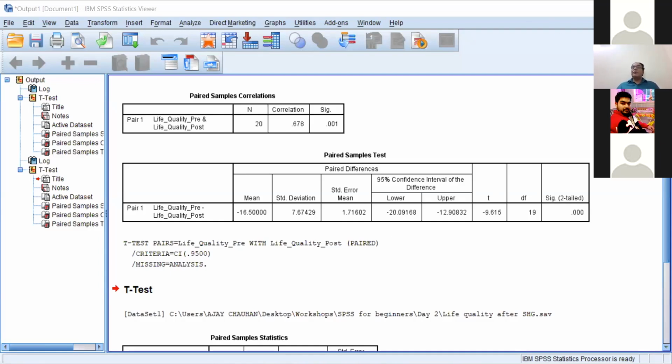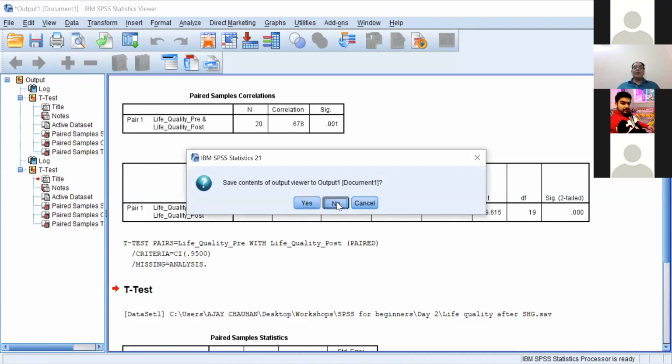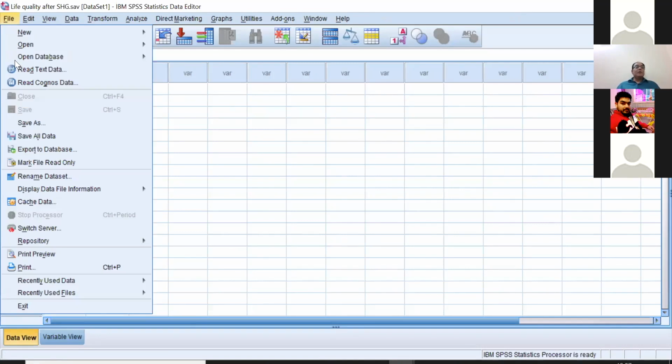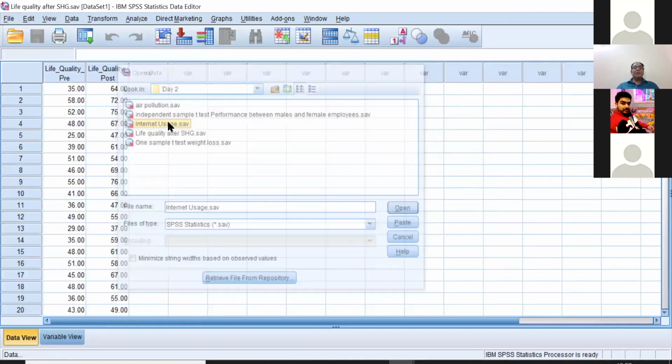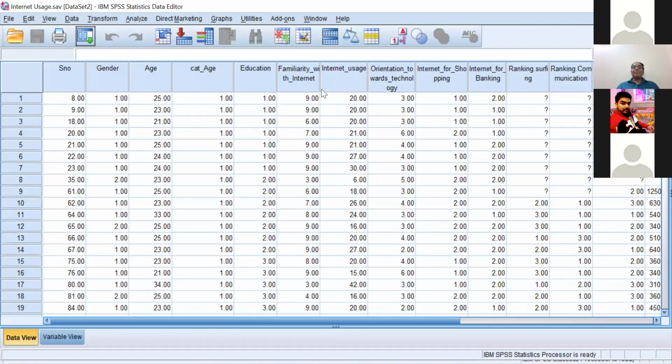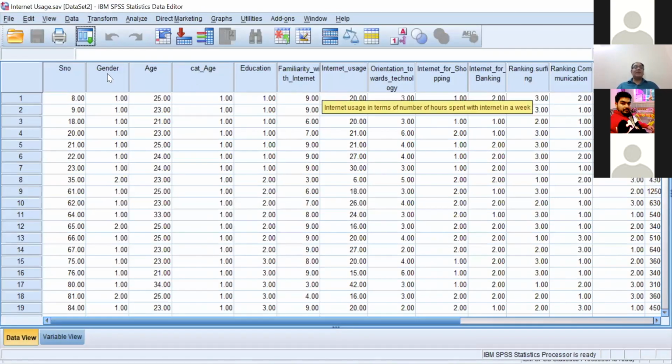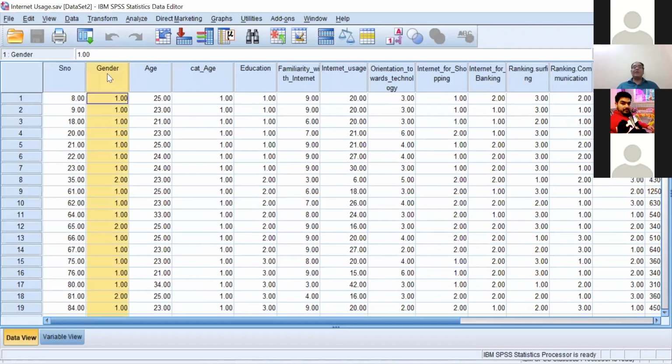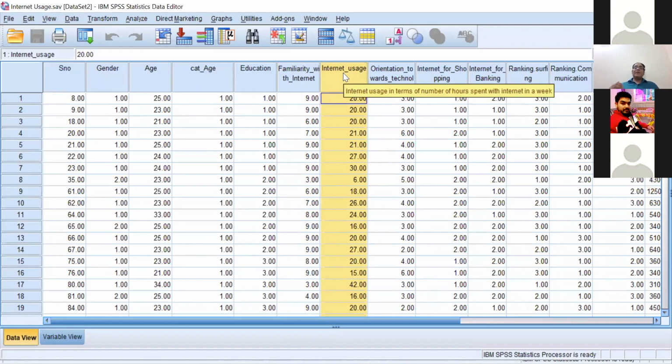Let me finish this, open some other file, open the data, and now I am using this data set. Suppose I have gender as one of the category variables, and I want to check whether their level of familiarity with the internet is equal or not, or let's say internet usage. So I want to see whether the internet usage of male and female are equal or not.